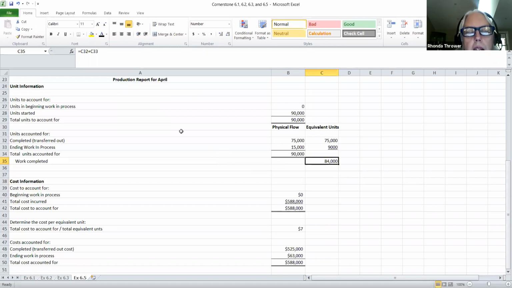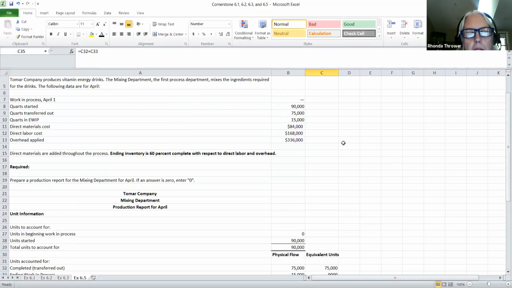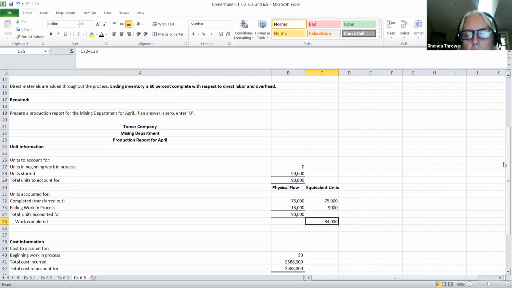Once you've calculated your unit amounts, then you're ready to apply cost to those units. We're going to start with all of the costs that we had to account for, and that's starting with beginning inventory cost. Since there were no beginning inventory units, there's no beginning inventory cost. The total cost that we incurred during this period of time was $588,000. I got that by adding my materials, my labor, and my overhead all together.